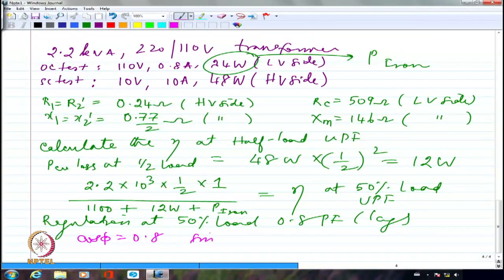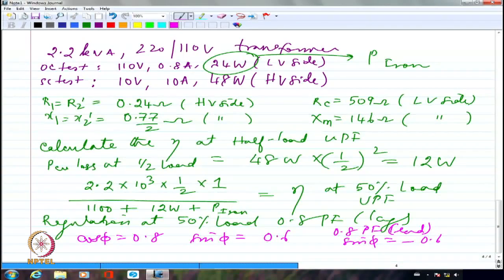If it had been 0.8 power factor lead, then sin phi will be minus 0.6, because essentially the current direction would be not below voltage, it will be above voltage if it is leading. So cos will still be positive, sine will be the opposite sign of what you got for the other one.